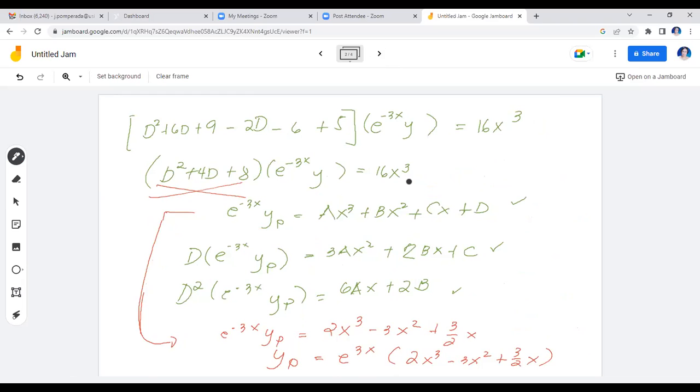And write the form of the particular solution of your hybrid. So this is your hybrid unknown function based on the formula. Then differentiate the hybrid of your unknown function based on the DE that you have here.